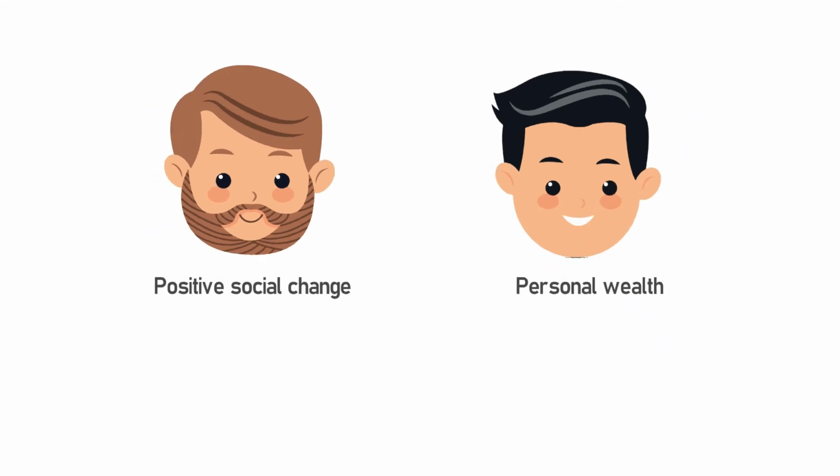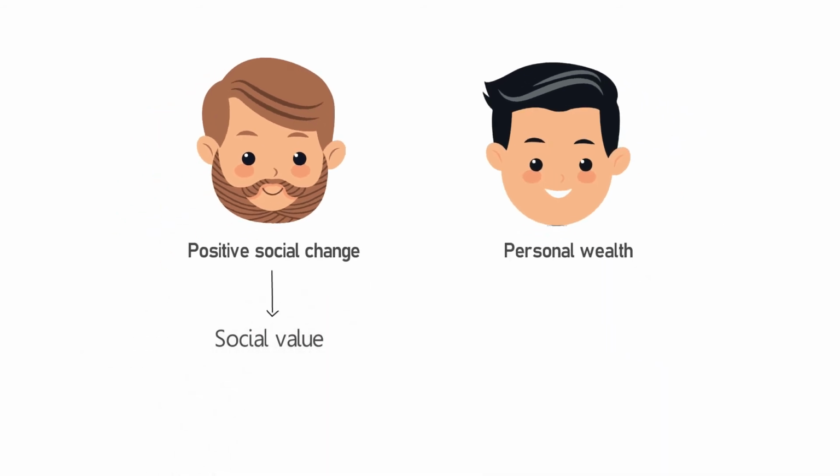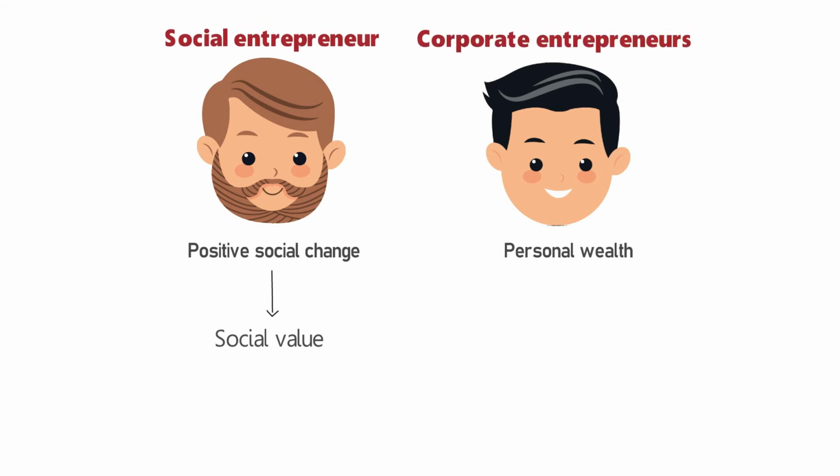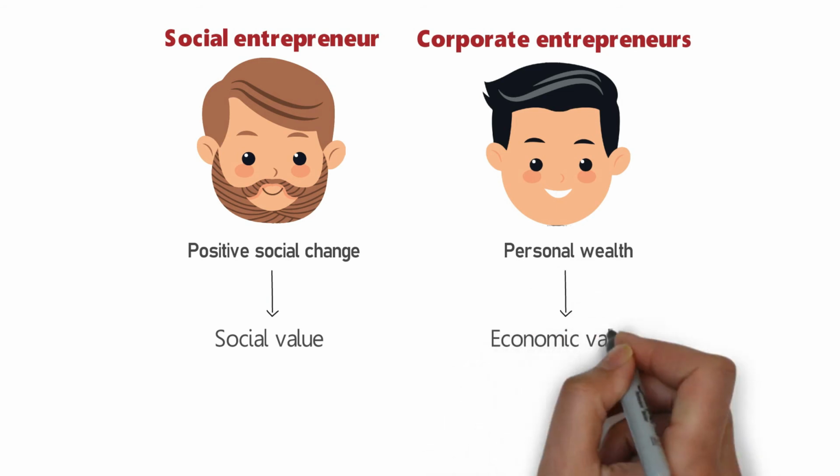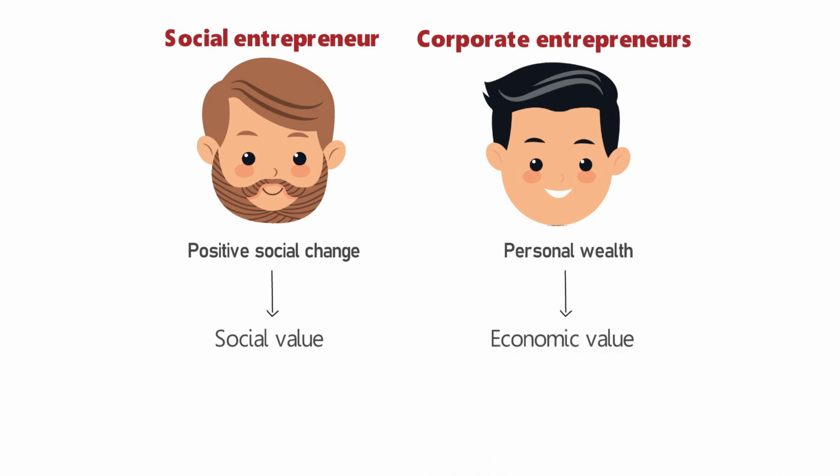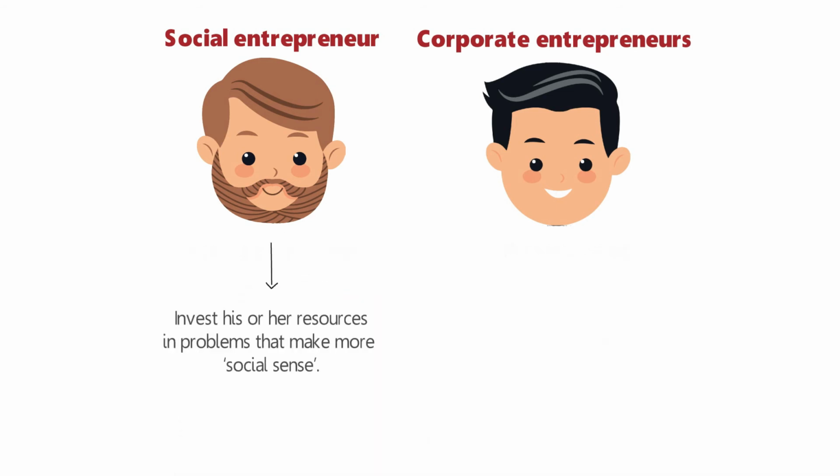As a result, generating social value is more important to a social entrepreneur, whereas corporate entrepreneurs are more focused on the generation of economic value. A social entrepreneur seeks to invest his or her resources in problems that make more social sense. On the other hand, a corporate entrepreneur seeks to invest in issues that make more economic sense.